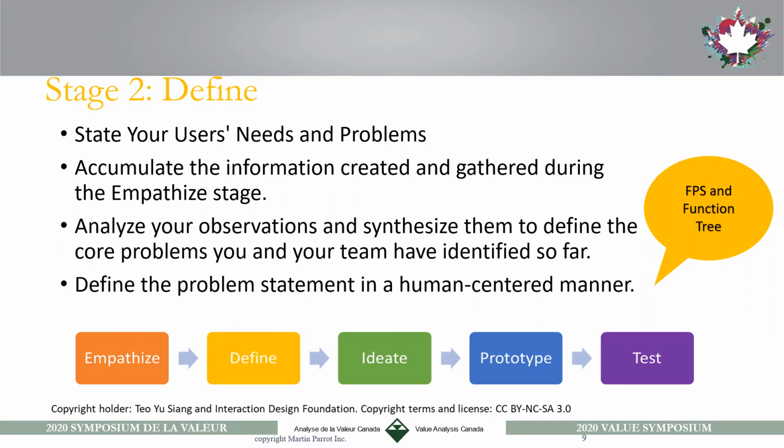And then you eventually define the problem statement in a human-centered manner, putting the human in the middle of the problem and trying to solve his problem. So this is what FPS and the function tree does. The function tree will help you identify which functions are more important, less important, and the functional performance spec defines what you have identified as needs and performance and so on.